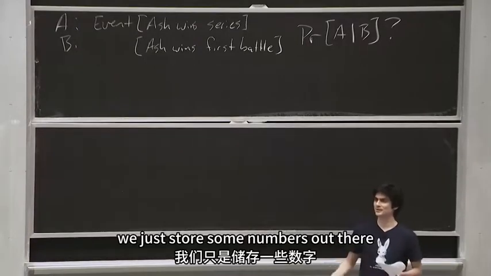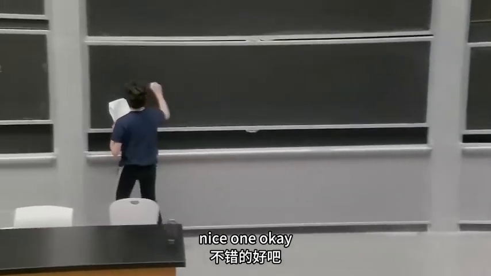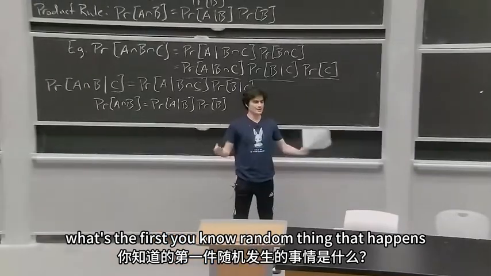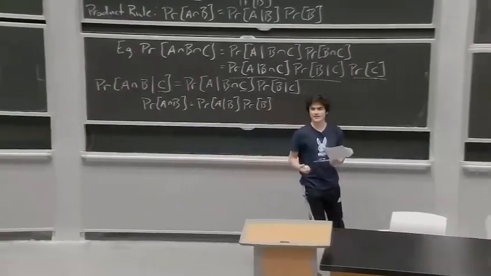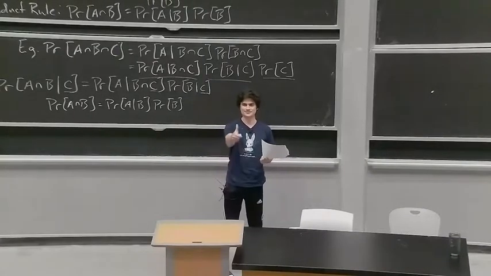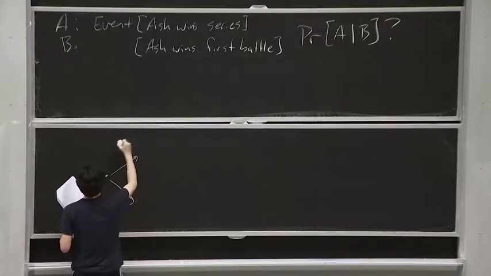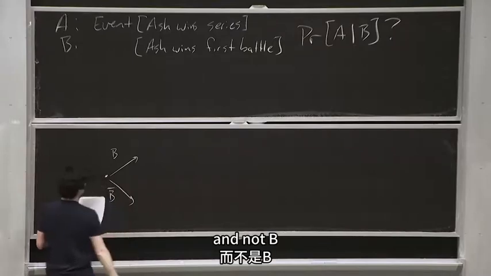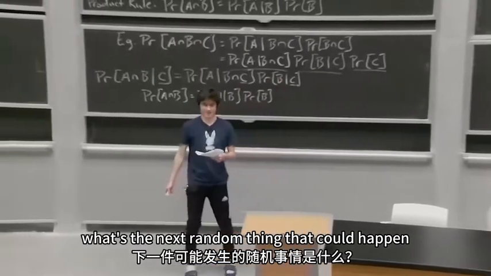Should we just throw some numbers out there? Yeah, let's draw a tree diagram. Nice one. Okay. Drawing a tree diagram, what's the first random thing that happens? What's the first source of randomness? Ash could win or lose the first battle. So we can label these as B and not B. What's the next random thing that could happen?